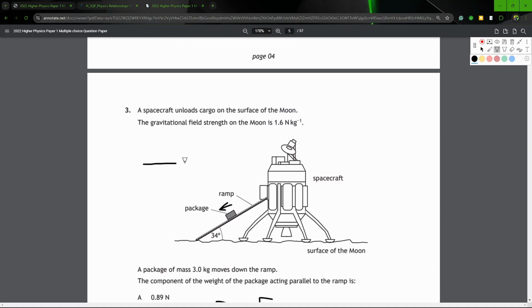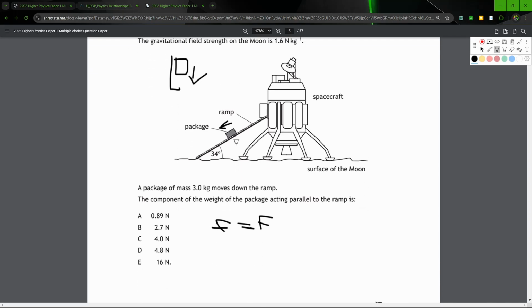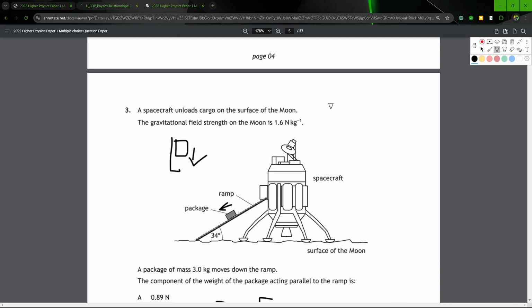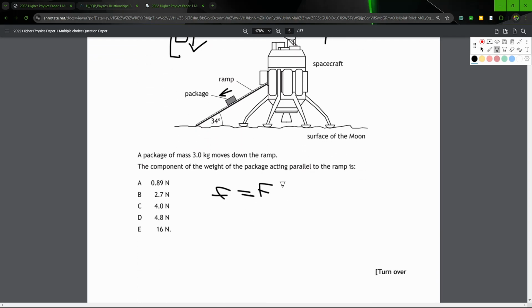If we had an angle of 0 degrees, that's just going to be a straight line, so there's not going to be any movement. But if we had an angle of 90 degrees, that means that the full weight would be moving down. So if we want something that starts at 0 and then moves up to 1, that looks like a sine graph. So let's go and use sine.